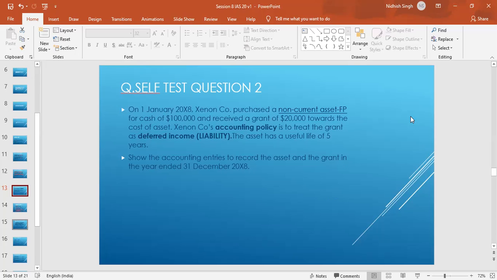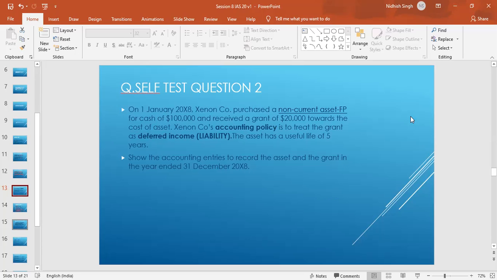$20,000 should be recorded as a liability, and 4,000 per year should be on the credit side. Credit side. Okay, so it looks like we are on the right target.